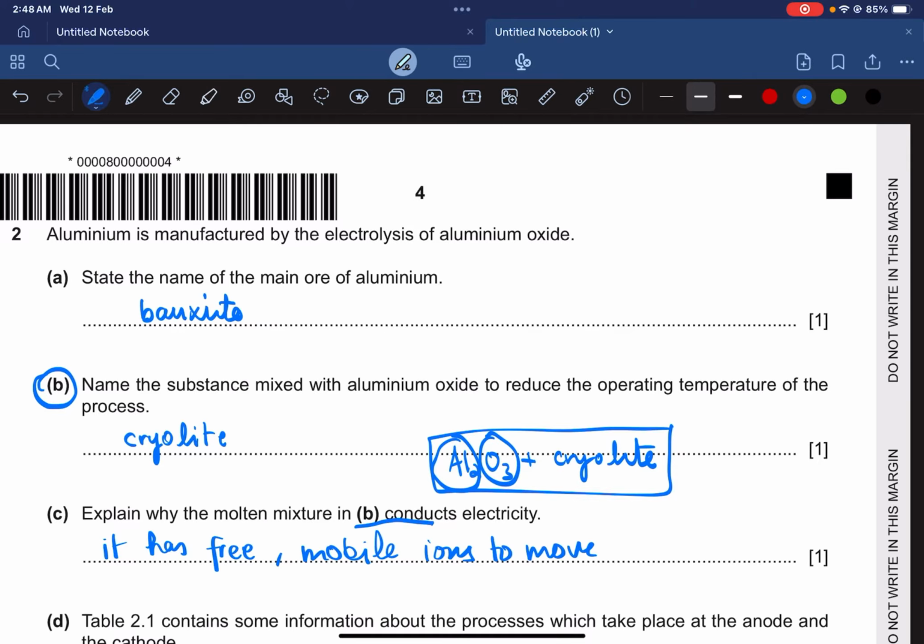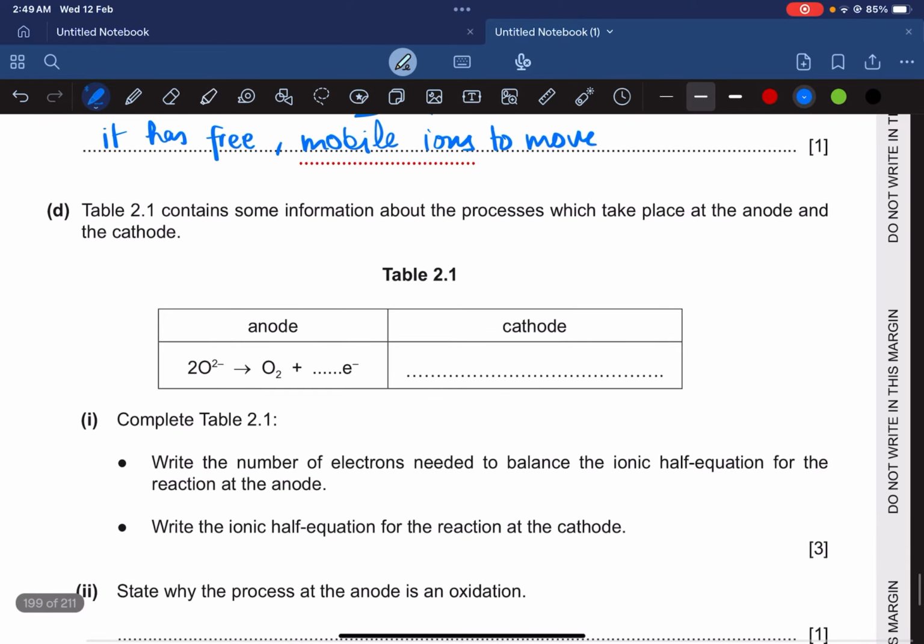Let's move on to the next question, which says Table 2.1 contains some information about the processes which take place at the anode and at the cathode. Here we are given the reaction at the anode and we have to work out the reaction at the cathode ourselves. Write the number of electrons needed to balance the ionic half equation for the reaction at the anode. Look over here.